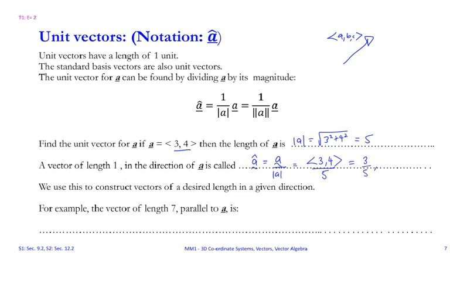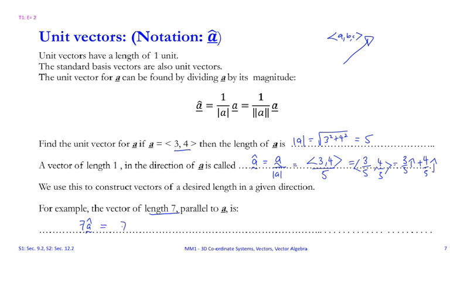And the person who wrote this question had a sense of humour. This is the same as 3/5 i plus 4/5 j. Now, this can then be used to find a vector of a different length in the same direction. For instance, a vector of length 7 parallel to a would be 7 times the unit vector.